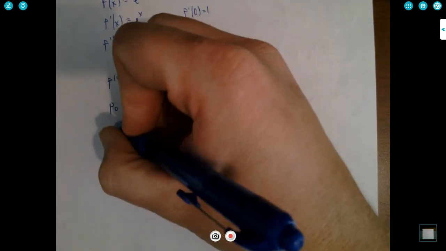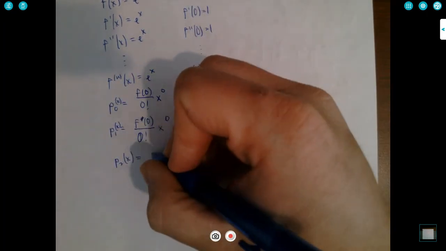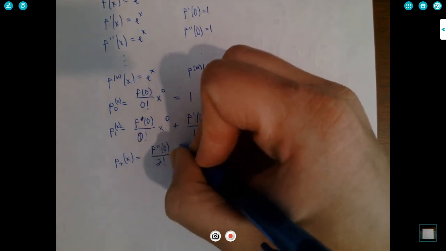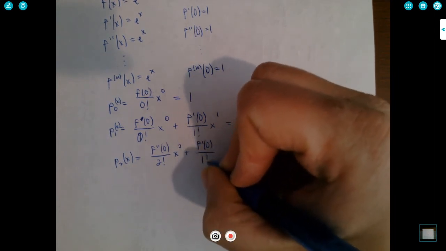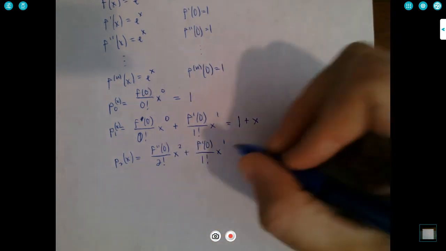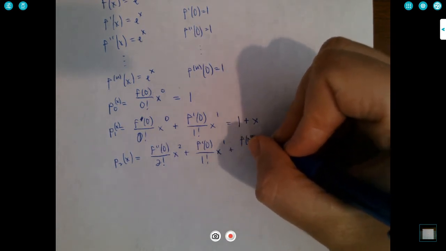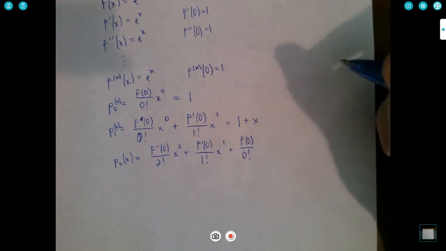p2. And really I should say, these are functions, so I should be calling this p0 of x, p1 of x. p2 of x is going to be f double prime of 0 divided by 2 factorial times x squared plus f prime of 0 divided by 1 factorial times x to the first power plus f of 0 divided by 0 factorial times x to the 0. I keep wanting to do this backwards, but anyway, it still works.